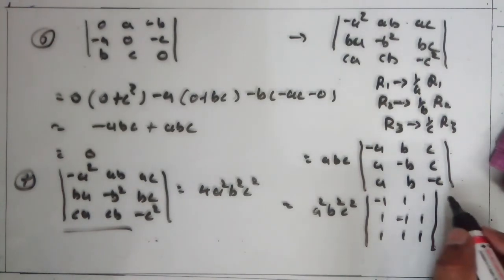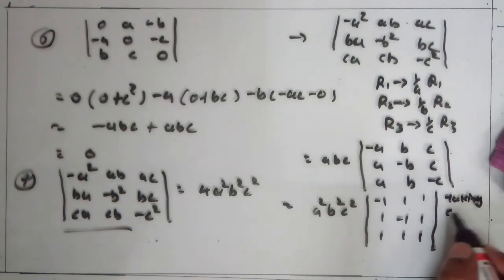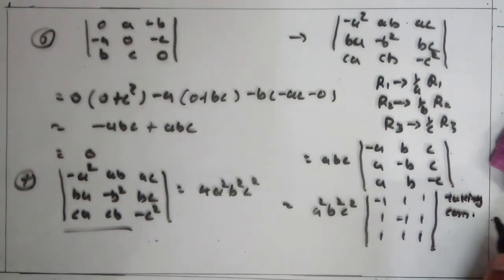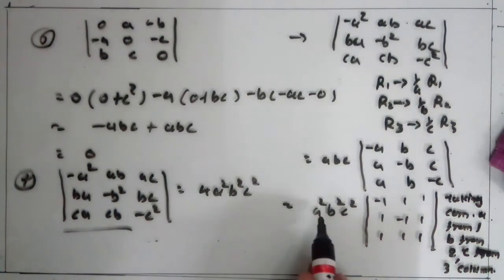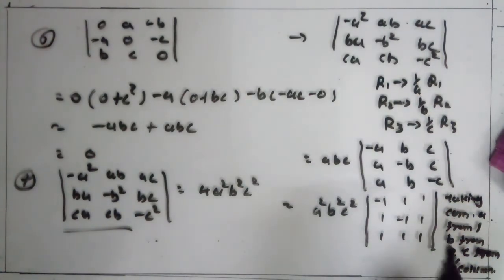Taking common A from the first, B from the second and C from the third column, we get a x square, b square, c square into this determinant.